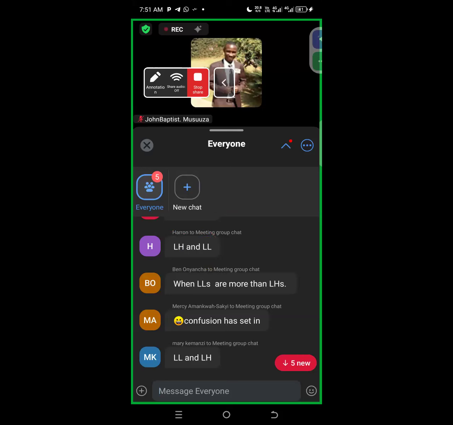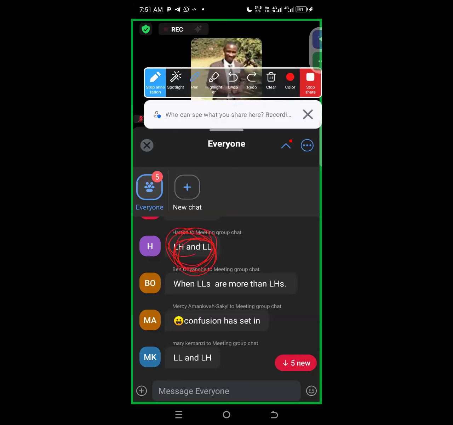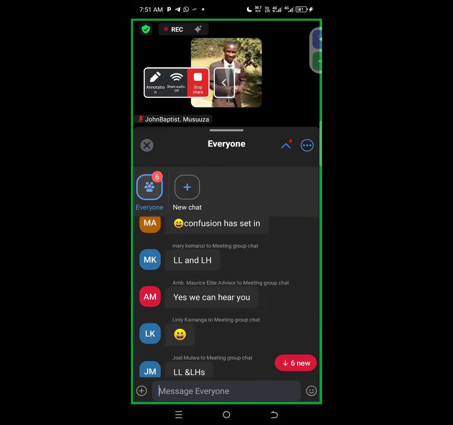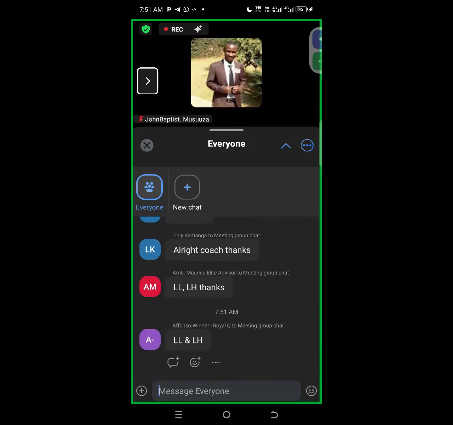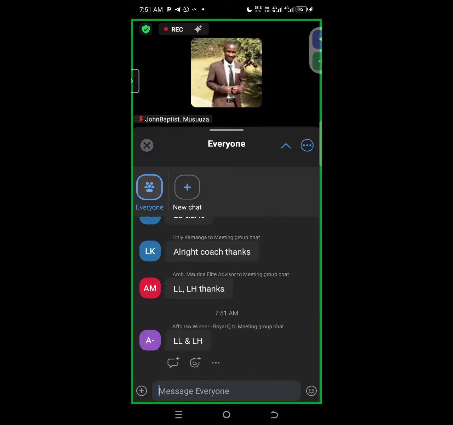Good. So when the lower lows are more than the lower highs, it is lower low, lower high. Do you get it? That is the point. So please take notice of that.